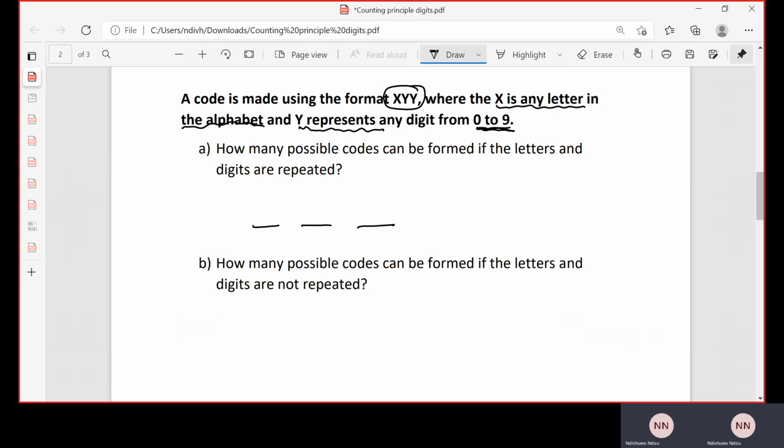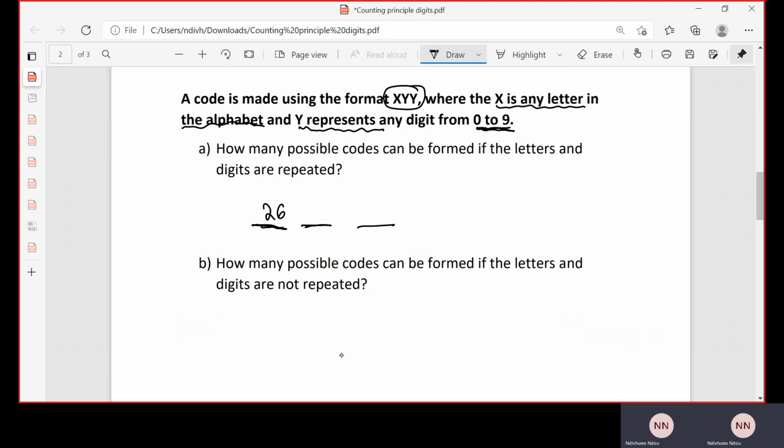The question we ask ourselves: how many choices do we have for letters in the alphabet? How many letters of the alphabet are there? We have 26 of them. So in the first position, we write 26 because that is the number of choices we have in that particular position. Let's move to the second one.